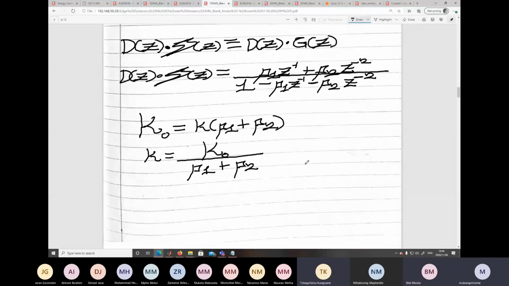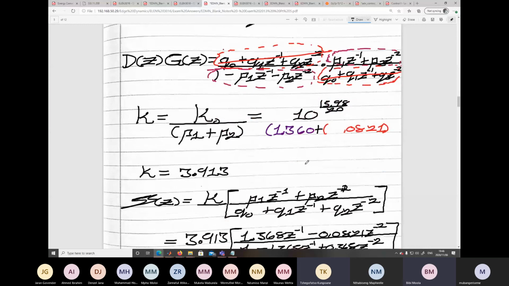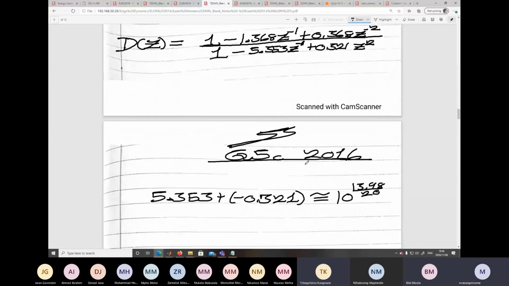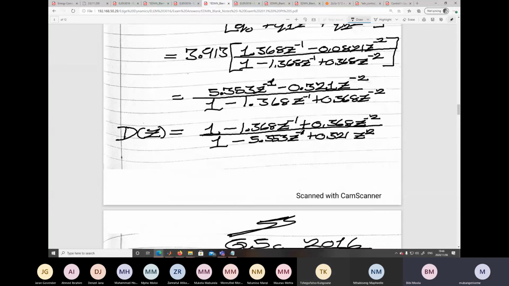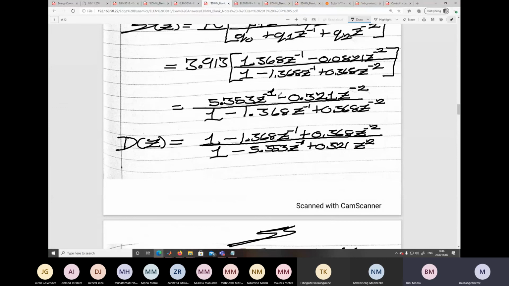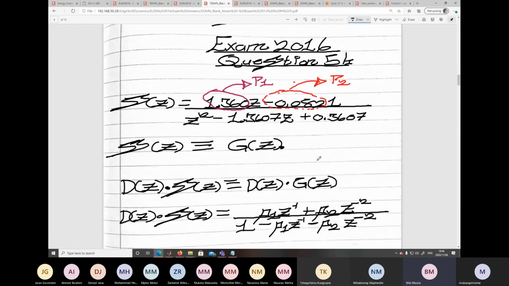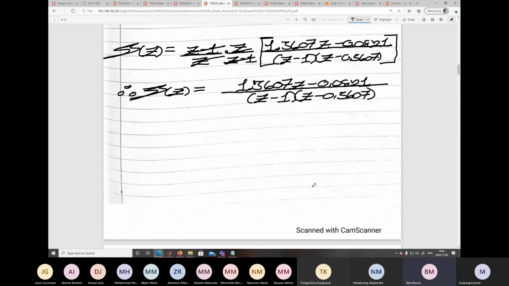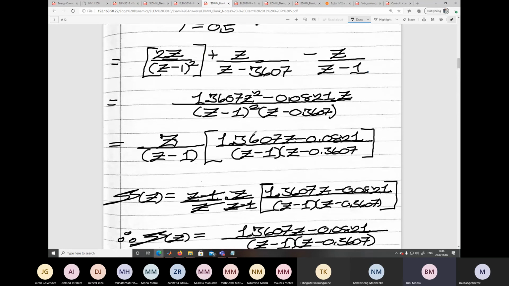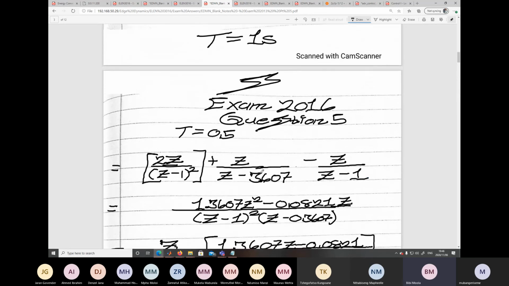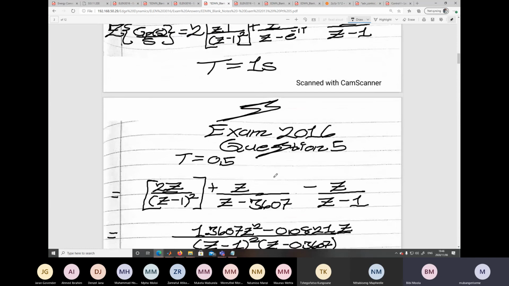Is it supposed to be exactly equal or approximately? I said approx because I don't know what we did here. Remember, I put this into Wolfram and I truncated some things. I think we just made a mistake with the numerator value because you said 1.368 where we had 1.3607. So yeah, could be there.